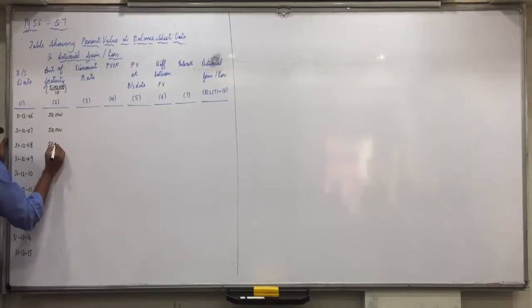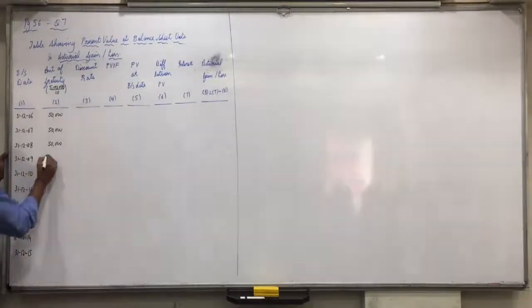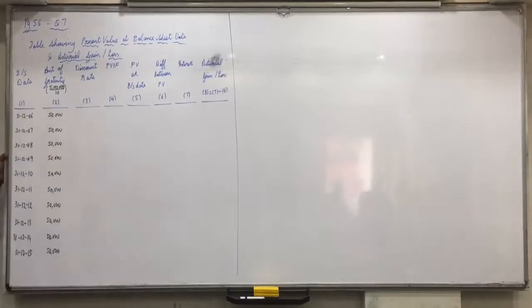Raise your hand who did not understand this 50,000. All are clear with this? 5 lakhs is required after 10 years, so every year company will have to set aside from the profits 5 lakhs divided by 10, 50,000. Any confusions up till here?